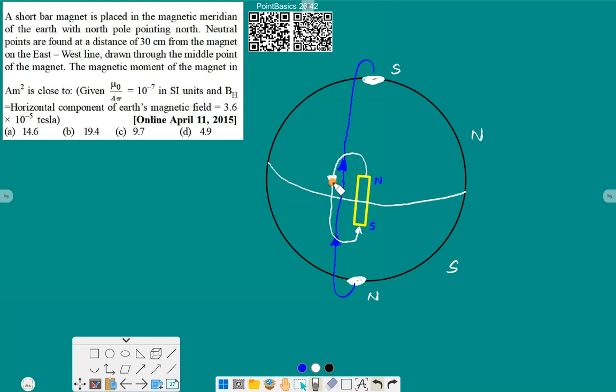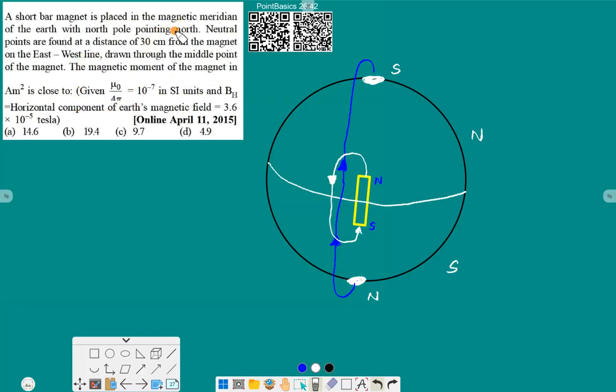So it means these magnetic field lines due to Earth and due to this magnet will cancel each other at some point.